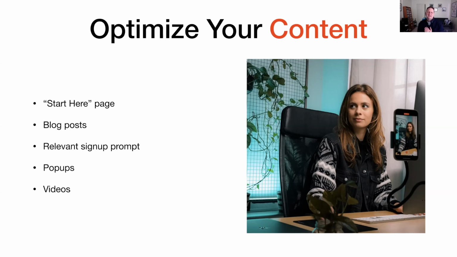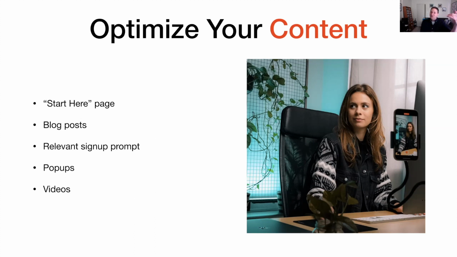Blog posts, we talked about this a bit before. Obviously, you should plug your newsletter in your blog post. I recommend plugging it within the content of the blog post, not just with a form at the bottom or the sidebar. When promoting it, you also want to make it relevant. So, for example, if I had a newsletter in which I shared social media tips and I had a blog post about how to grow on Twitter, when I referenced it, I wouldn't just say, oh, by the way, get my social media tips newsletter.